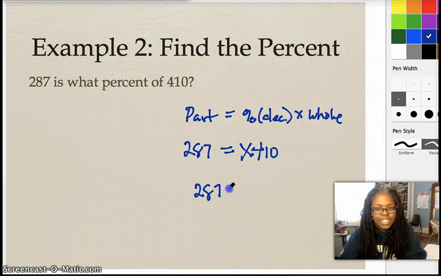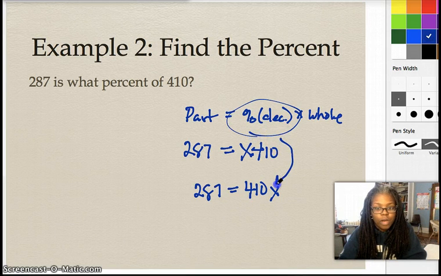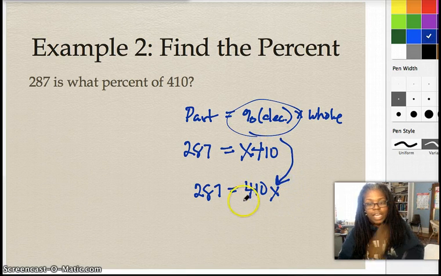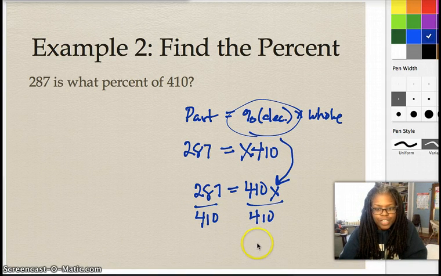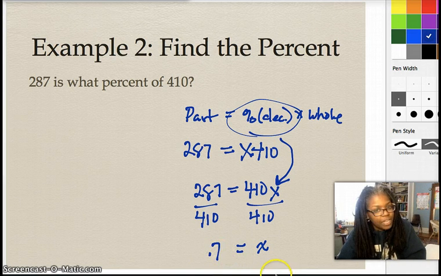I'm going to make this look a little bit more like what we're used to. So we've got 287 is equal to 410x, where x refers to the decimal version of the percent. And of course, at this point, we're going to divide both sides by 410. A calculator would be very helpful at this time. When we do the division, we get that x is equal to 0.7. So the answer is 0.7%, right?